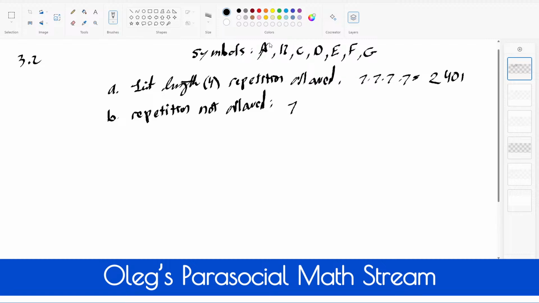So we're going to drop one symbol. So in other words, the first one can be A through G, and the second one can be any of the others, but it cannot repeat the first. So that's how we do that. We drop the 1, so that's 6. Next one, we drop one more, 5. Then 4 possibilities. So it's 840.